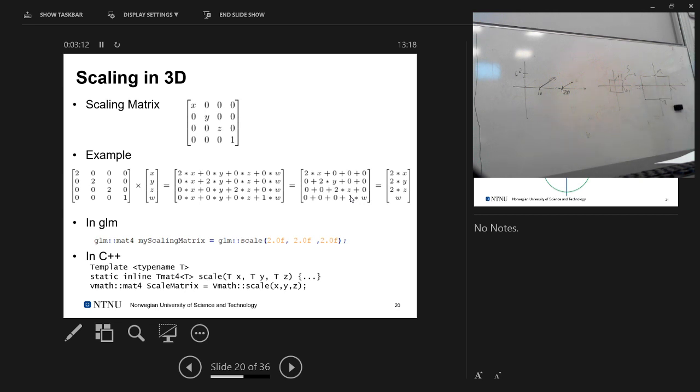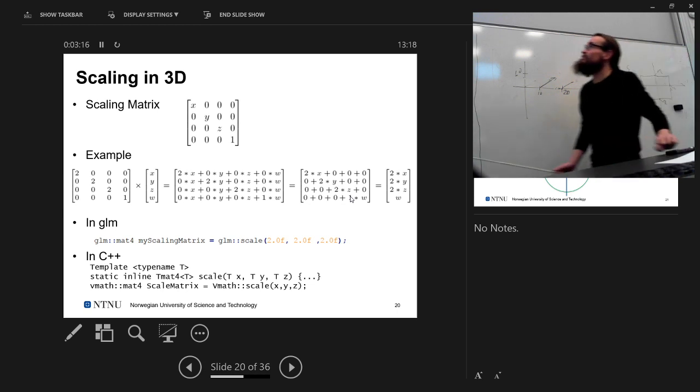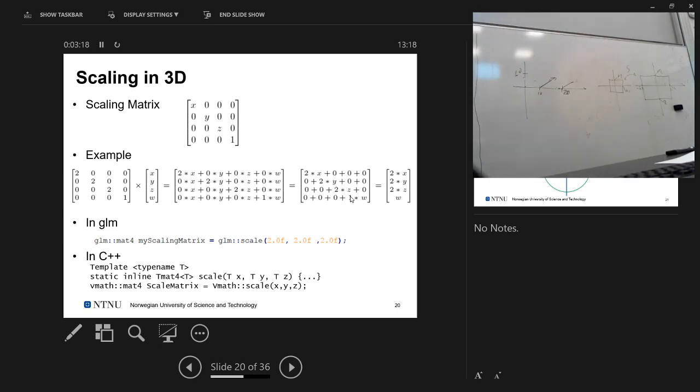So you just double the size of the whole thing, and you keep its original shape. And you can do this quite simply using the GLM library as well. So you say GLM scale, and then the scaling in X direction, scaling in Y direction, and the scaling in Z direction. It's a very simple way of coding this using the GLM library.